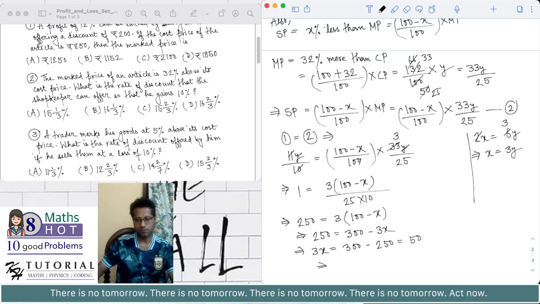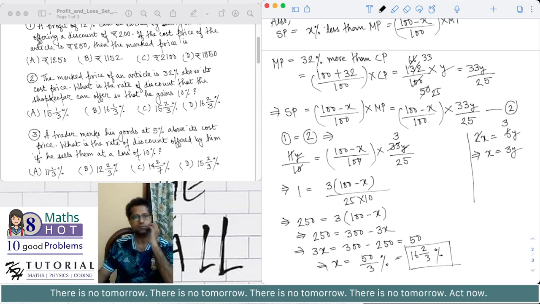This implies x is equal to 50 by 3 percent, which is equal to 16 and 2/3 percent. So the rate of discount that can be applied is 16 and 2/3 percent, and hence the correct choice is D.